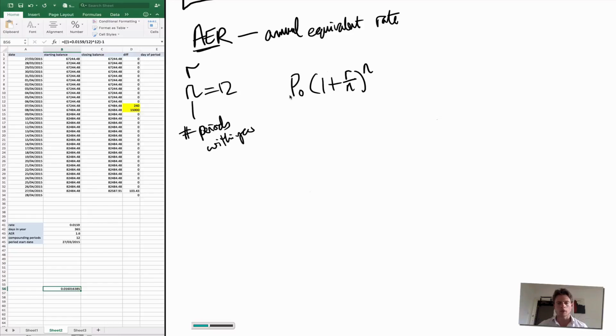So n could be 12 for monthly, right? And we're saying, what is the interest rate, called the AER, the annual equivalent rate, that would give me exactly the same final amount, in return for exactly the same initial amount, but only paying once at the end of the year.